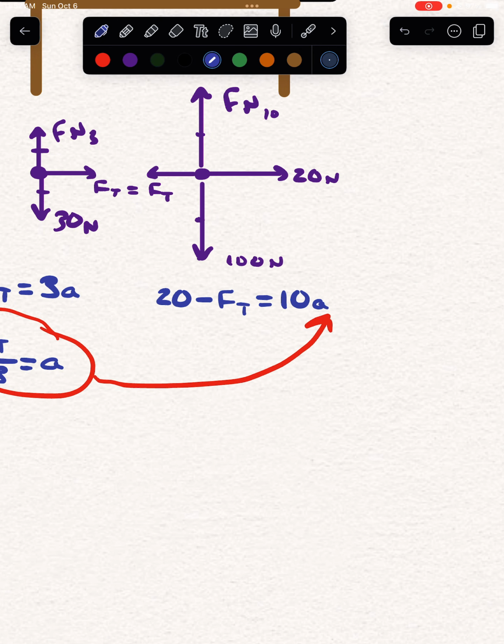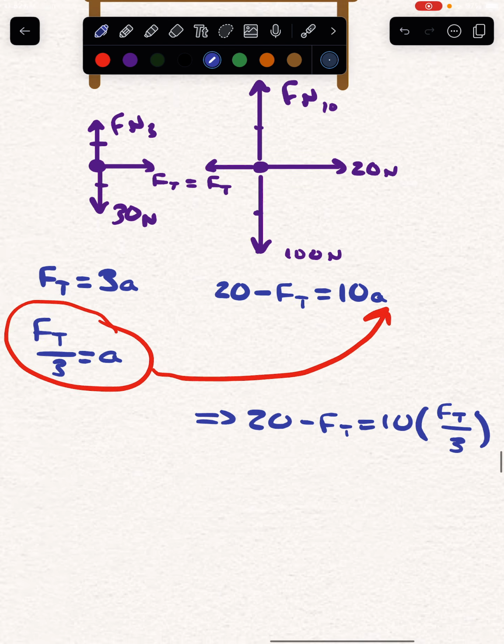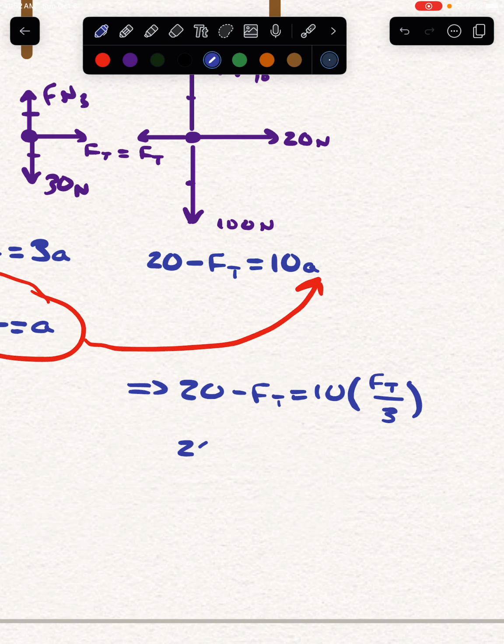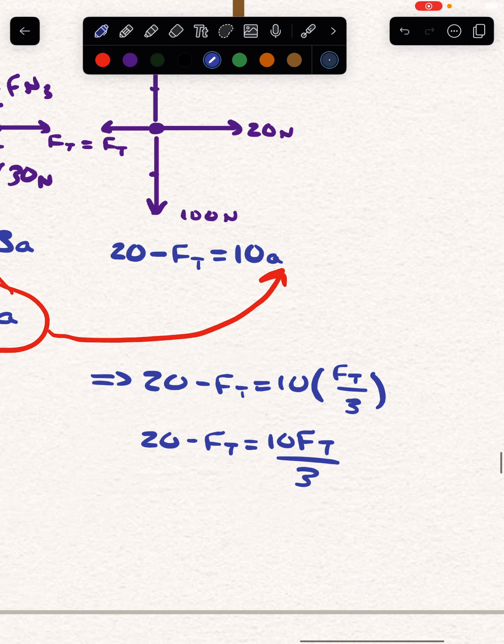Once I do that and plug it in, I'm going to get 20 minus the force of tension is equal to 10 times FT over 3, because that's what I said my acceleration was from that other equation. So I'm going to want to multiply both sides by 3, and I'll get 60 minus 3FT is equal to 10FT.